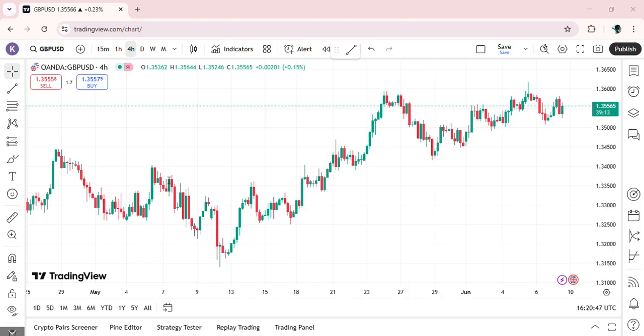I'm going to analyze on this pair, and you define your time frame, right? After you define your time frame, the second one I think should be zoom in your charts. That's the second step. And now the third one should be identify the trend. Identify the market trend. Is the market in an uptrend, downtrend, or in a consolidation?